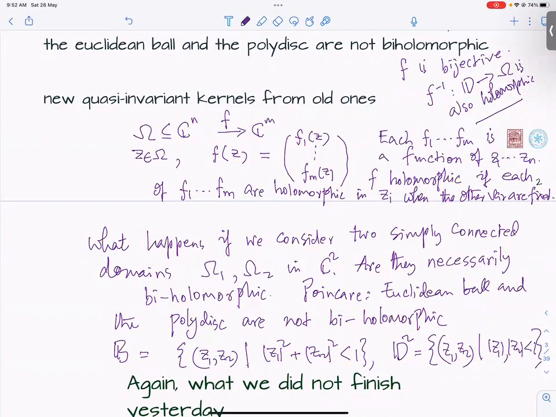So when you look at functions in n variables, you are saying nothing more, nothing less than that it will be holomorphic provided it is holomorphic in each of the variables separately.